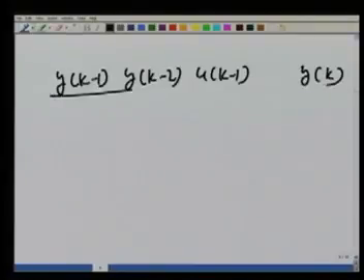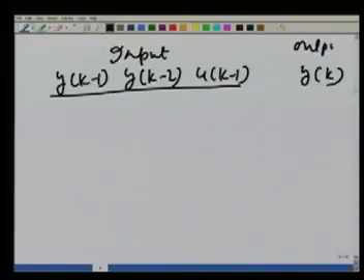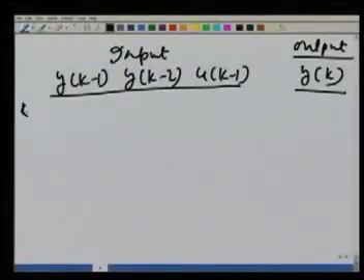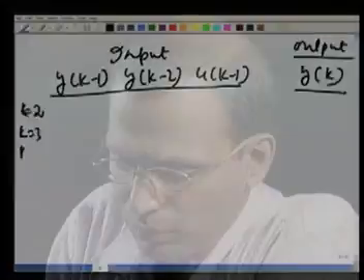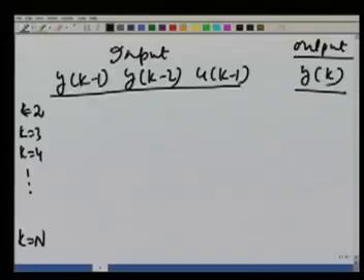So, this is my input and this is my output y k. I do some experiments on my system. I give various inputs here, I can define k equal to say 2, k equal to 3, k equal to 4 and so on.